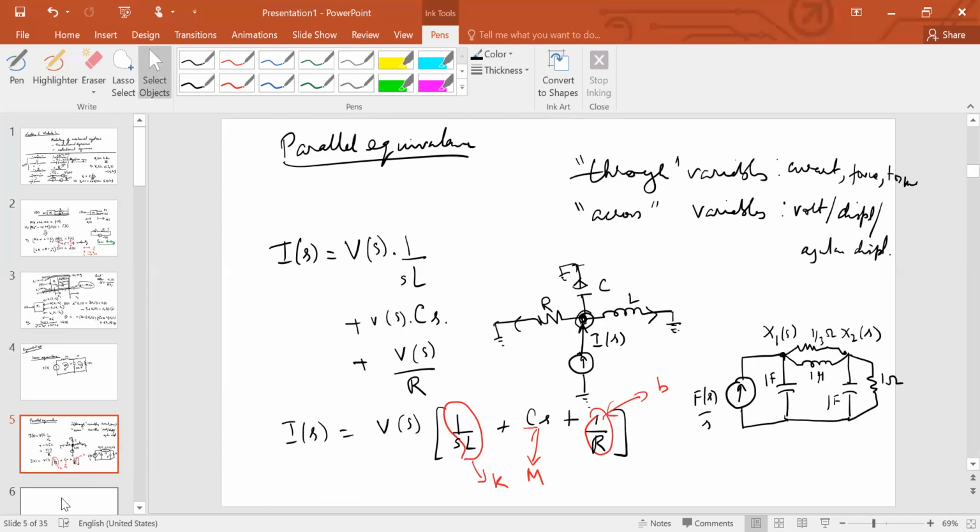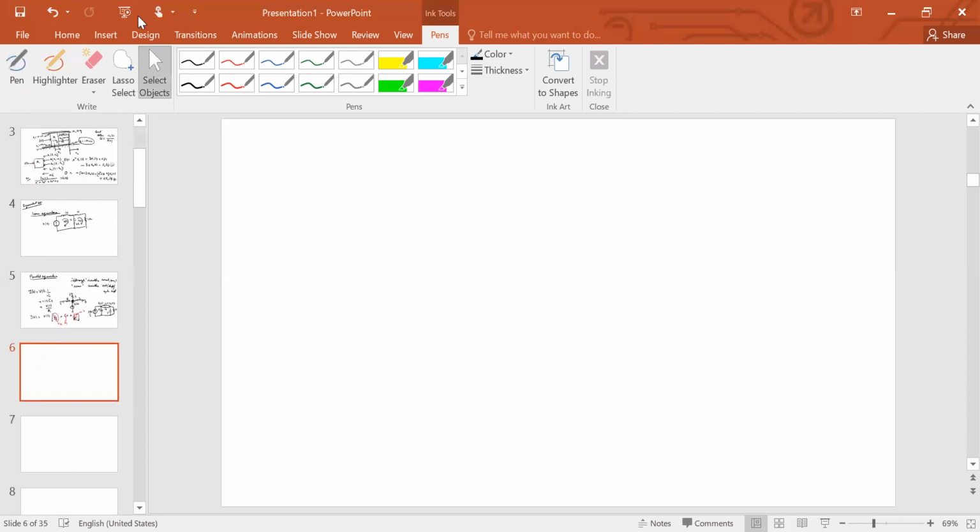Okay. Good. So now that we've covered this, let me give you another quick bit of trivia here. In most of the examples given to you in the book by Norman Nise or in other textbooks, you will find that most often these springs and dashpots appear in parallel, connected to a mass like this.